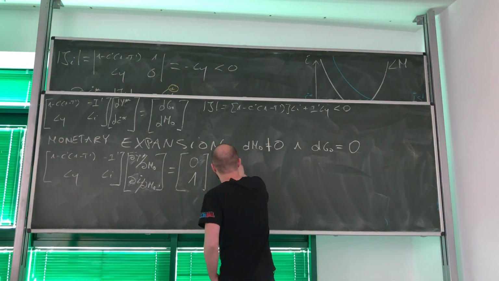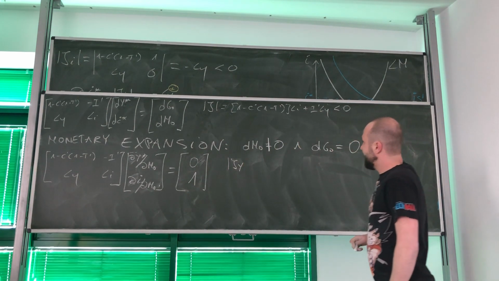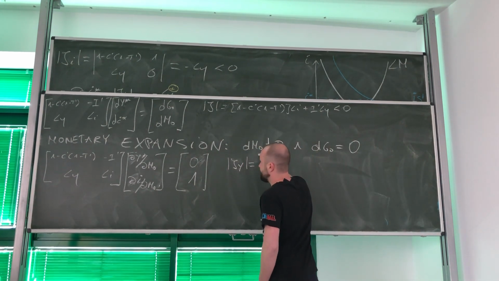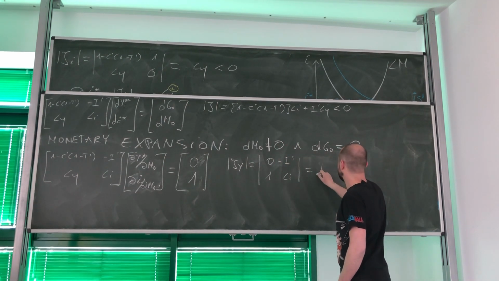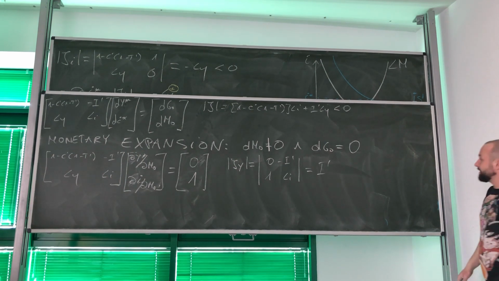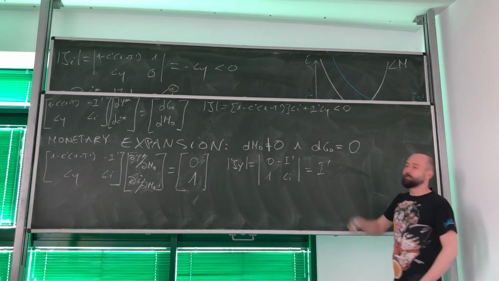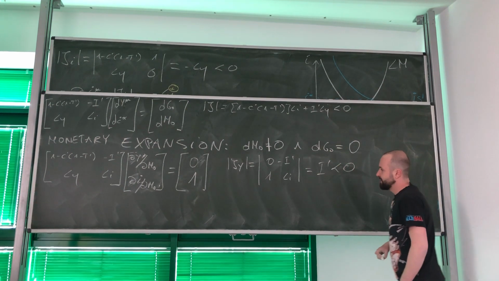Okay, and then we start with Jacobian Jy, and it is equal to, we replace the first column, 0, 1, negative I prime Li, which is equal to I prime. Alright? I prime tells us what happens to investment when interest rate goes up. We know it's negative.